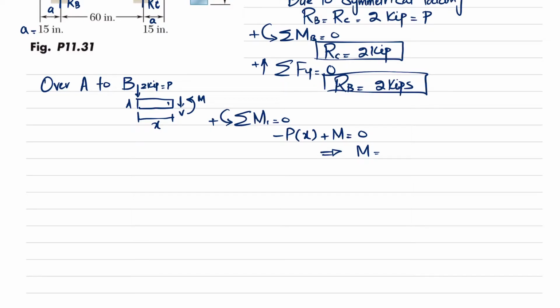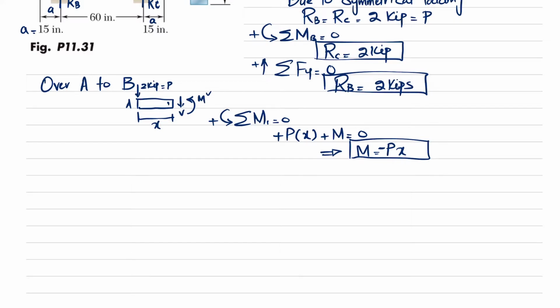Sorry, this moment is force into perpendicular distance, and that is producing counterclockwise, so it will be positive. So M is equal to minus P into x. It means that we have taken this moment counterclockwise. The assumed direction is wrong, it should be clockwise.